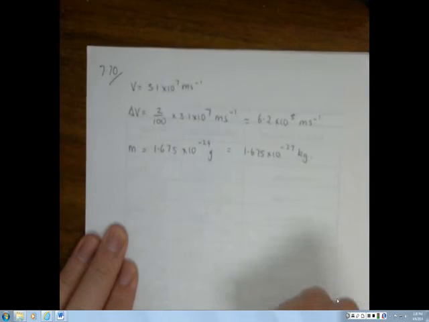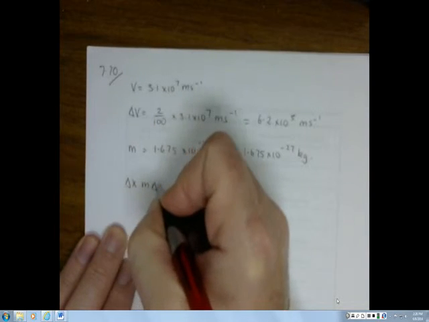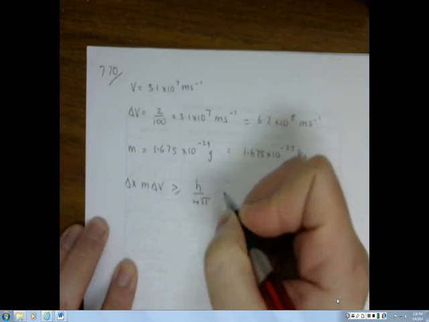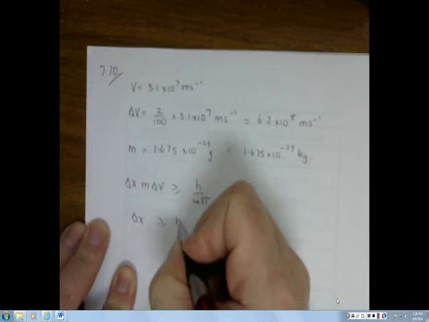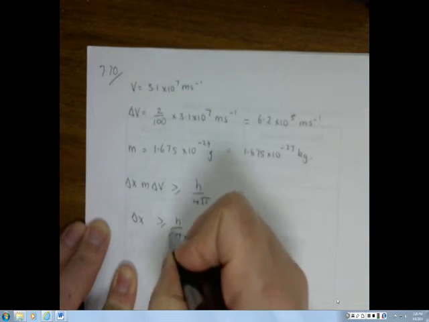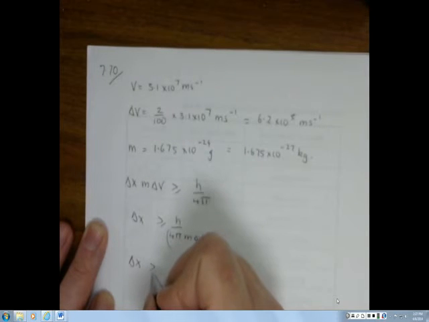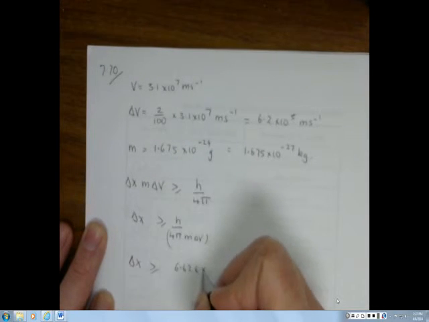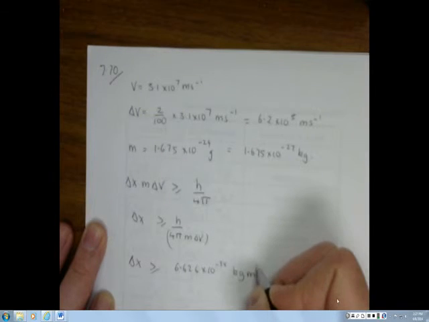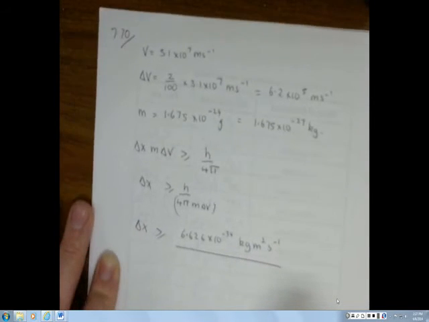Alright, it's looking good. So delta X times m delta V is always greater than h on 4 pi. Delta X is going to be greater than h on 4 pi m delta V. Delta X is greater than or equal to 6.626 times 10 to the negative 34 kilograms meters squared per second, which are your units for h.